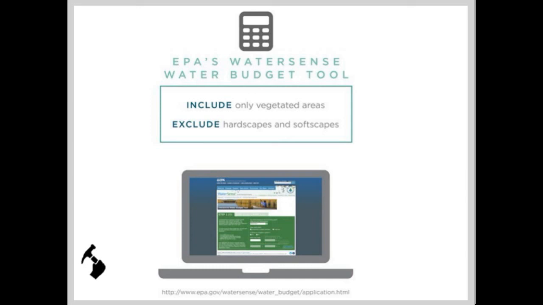Note that projects may not enter zero landscape water consumption for any landscaped area. If only part of the lot is irrigated, complete the calculation twice: once for the irrigated section and again for the unirrigated area, and sum the results. This is a possible question.